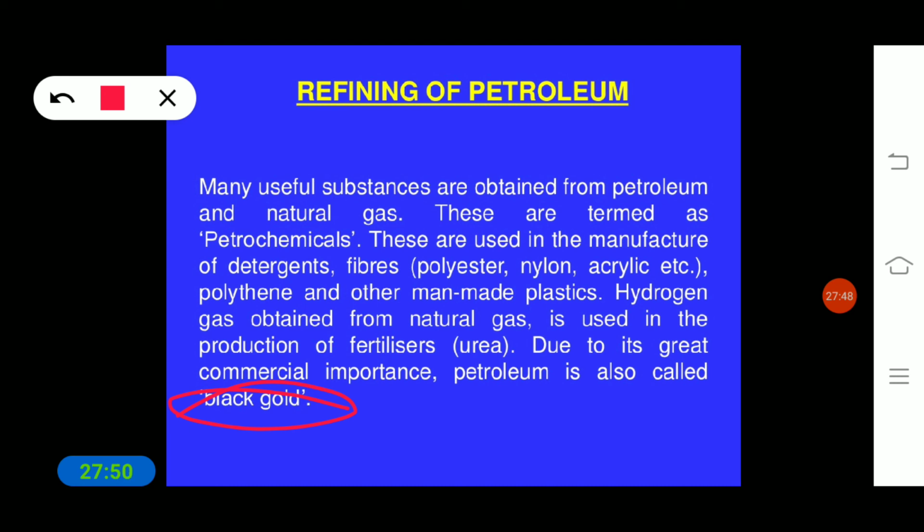The uses of these petroleum products are very high. Due to that reason we call it black gold.